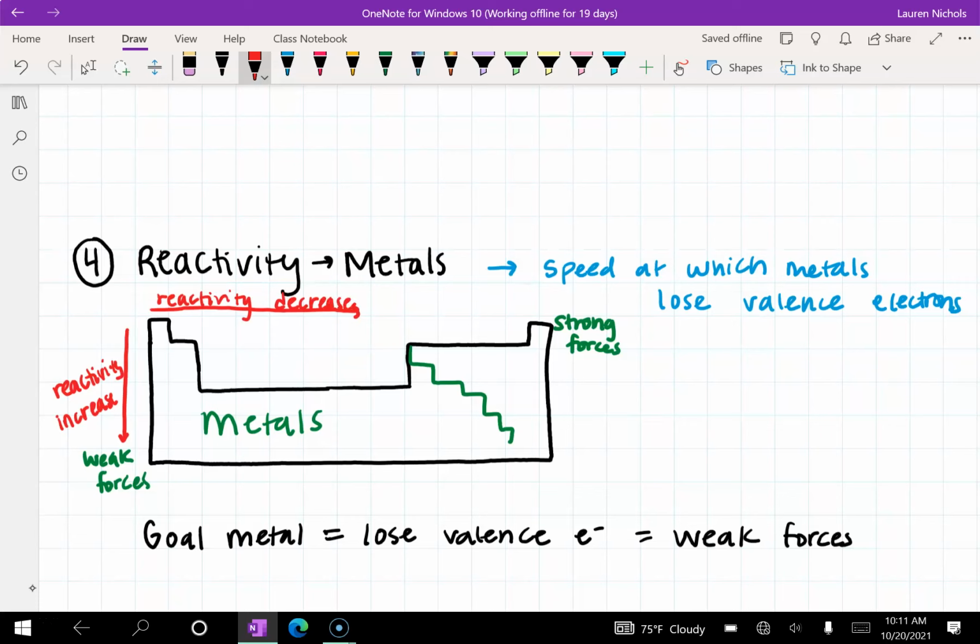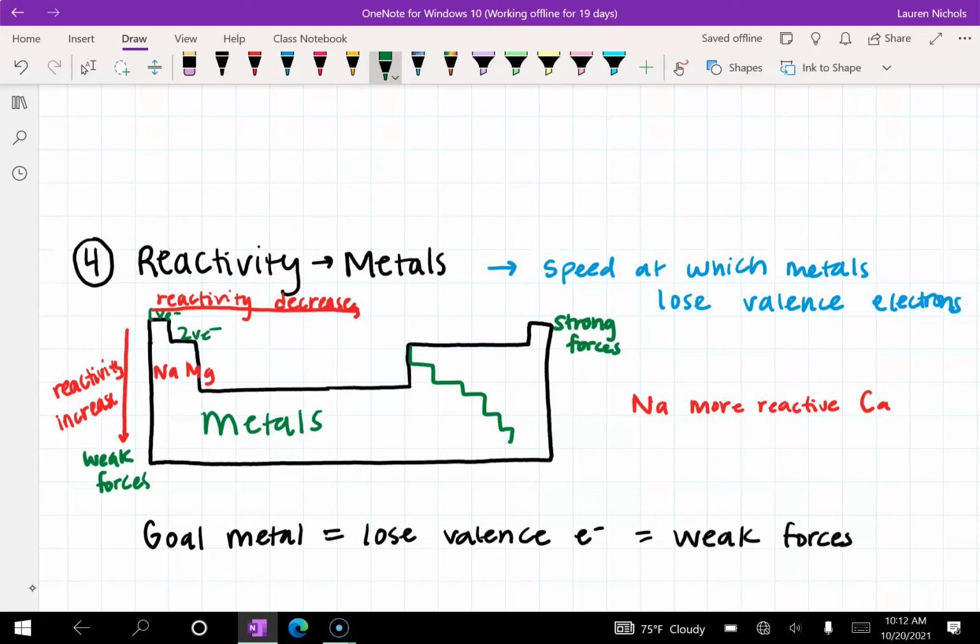So as we're comparing, for example, sodium versus magnesium, we would say that sodium is more reactive than magnesium. And we can also explain that because of the valence electrons, because sodium has 1 valence electron, but magnesium has 2.